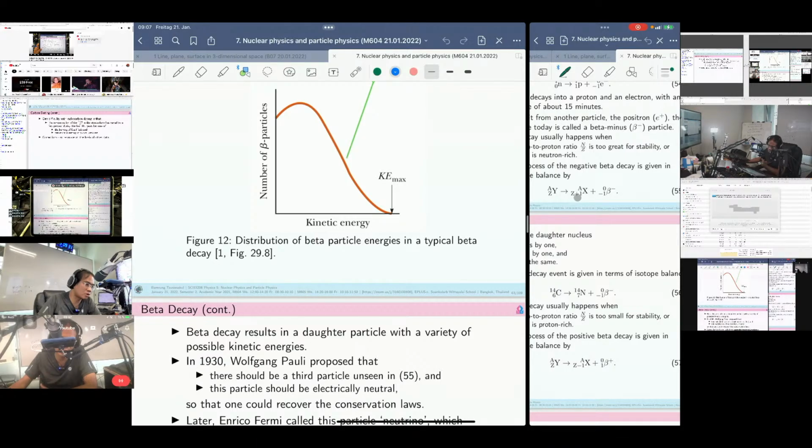So an additional particle here should not break the charge conservation. It means this new particle which is missing here should be neutral. It has no charge at all. So the conservation law would really serve.